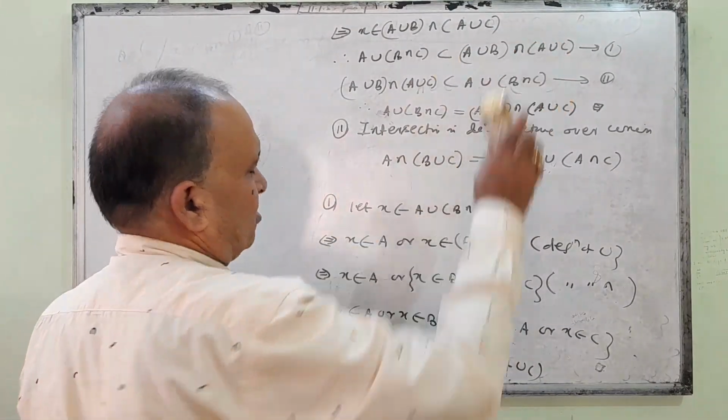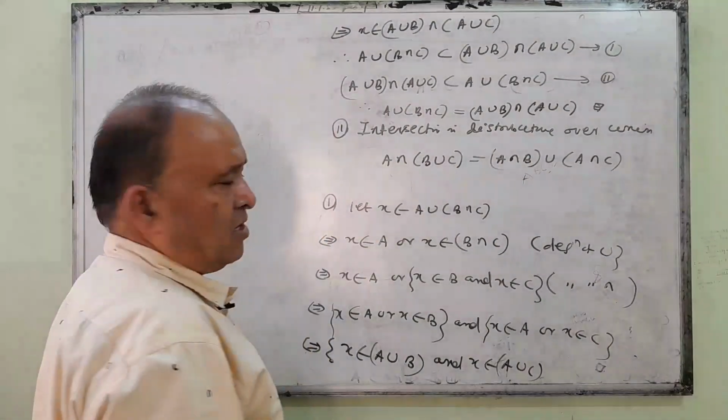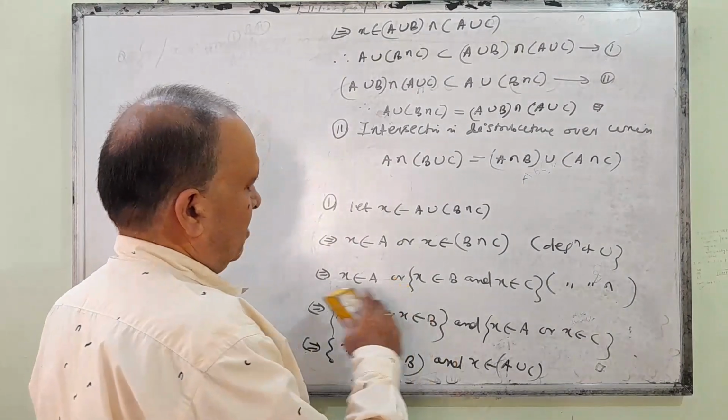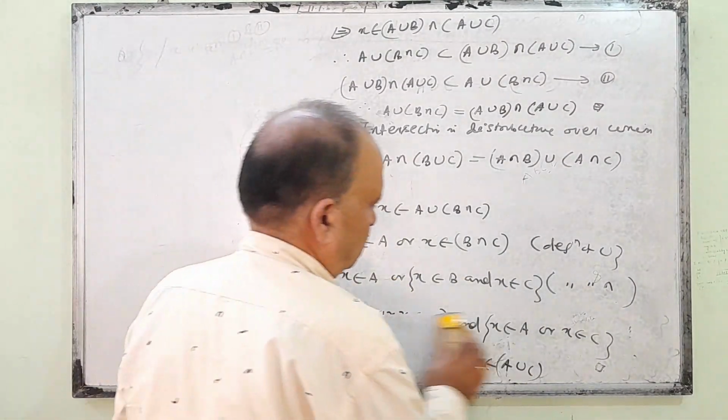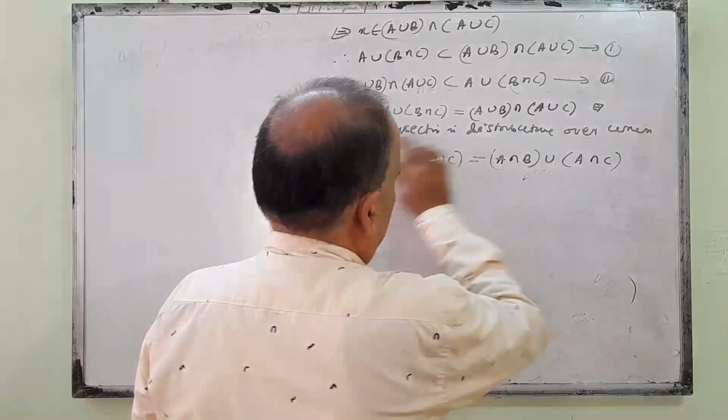So the left hand side is a subset of the right hand side, and the right hand side is a subset of the left hand side. So it is clear that left hand side is equal to right hand side. The second proof you do by yourself.